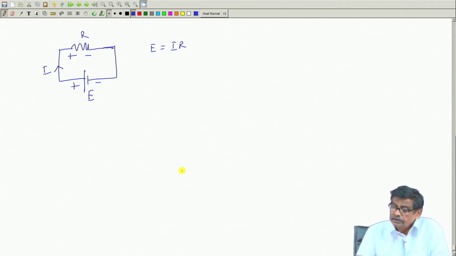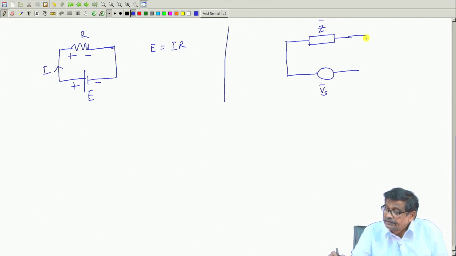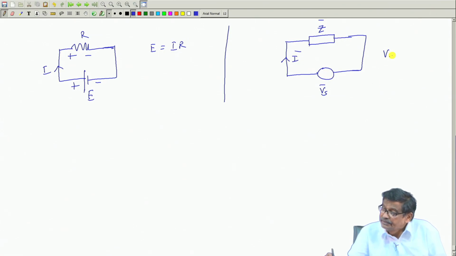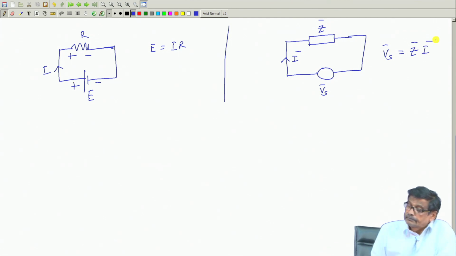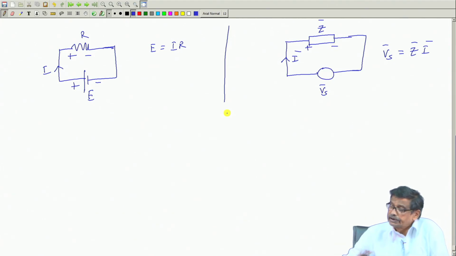Now, in AC circuit, there will be some impedance Z bar, and here is some supply voltage which is phasor. I will put a bar always to indicate phasors, and this current I bar, it is just like this. No differential equation writing, no plus minus.